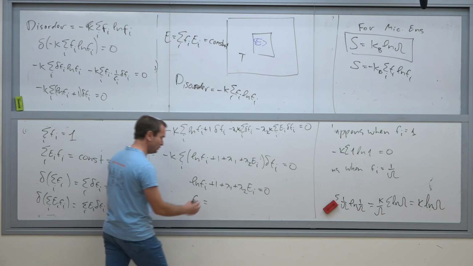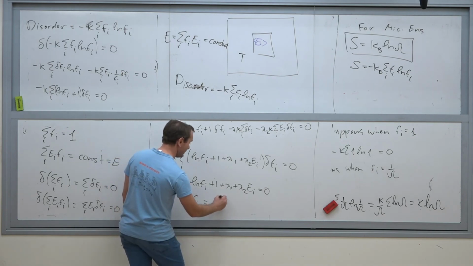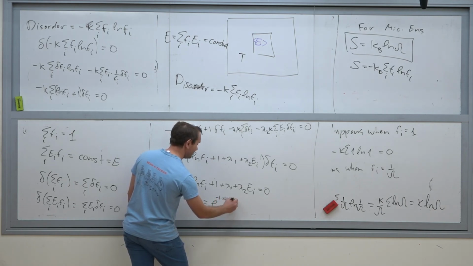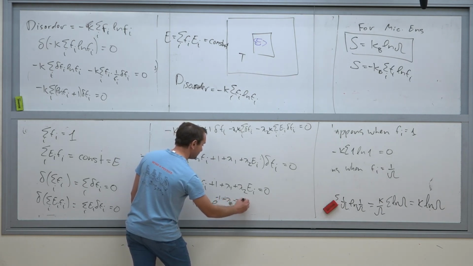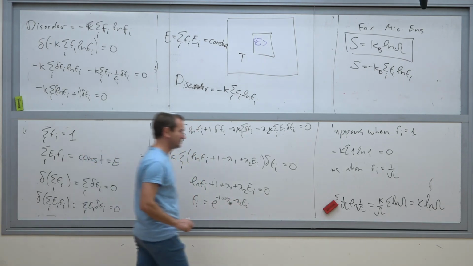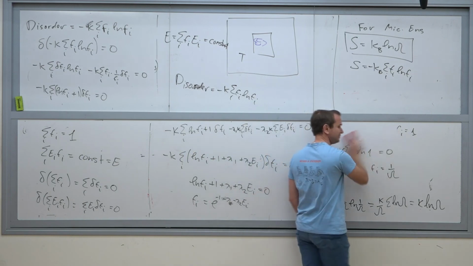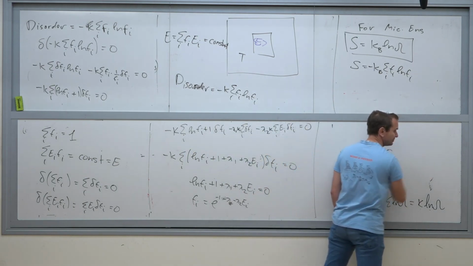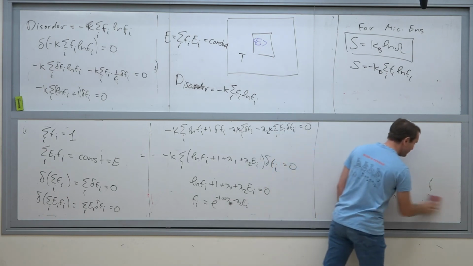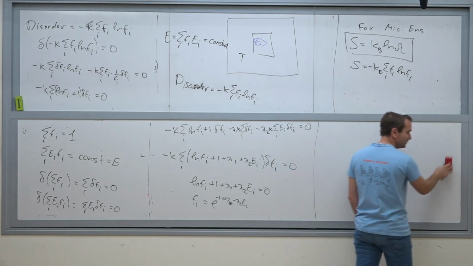Fi equals e to the power of minus 1 minus lambda 1 minus lambda 2 ei. How do we know what lambda 1 and lambda 2 are?